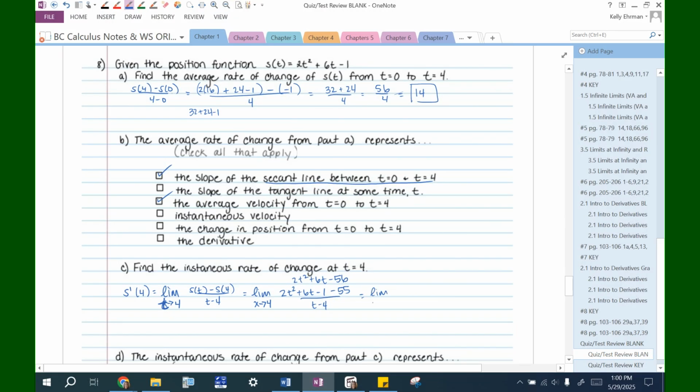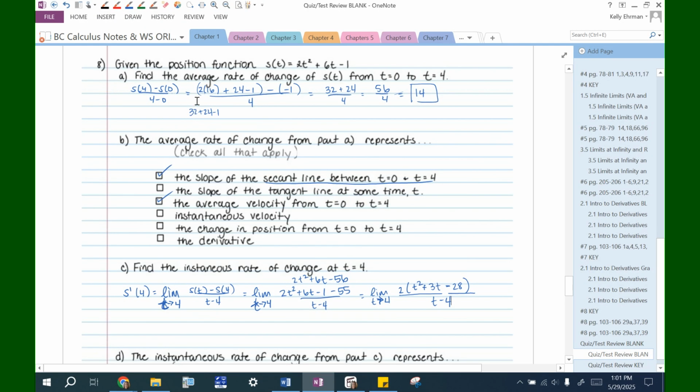Let me learn lessons from before and not cut too many corners here. I'm going to factor 2 out of this. What's half of 56? 28. Over t minus 4. Did I mess up again somewhere? Let's see. When I plug in 4 into 2t squared plus 6t minus 1, I get 2 times 16 plus 24 minus 1.